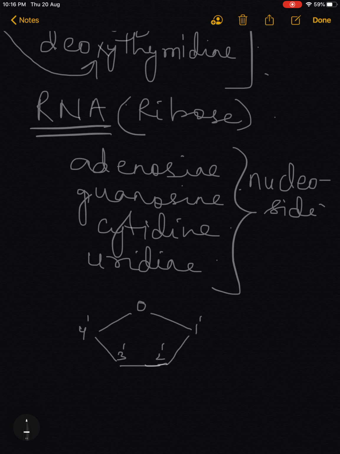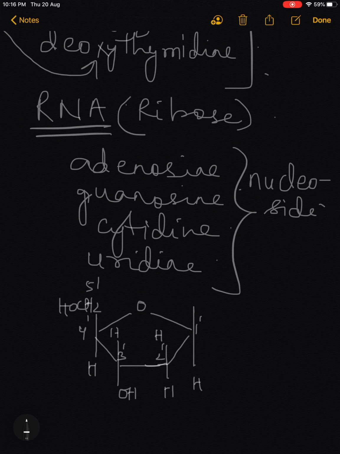And here on the 4 dash end, H is added, and this is the 5 dash end. Here on the 3 dash, OH and H are added. Here H and H, and on the first here it is H.